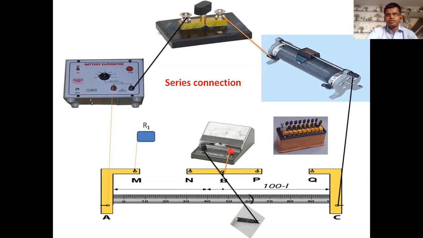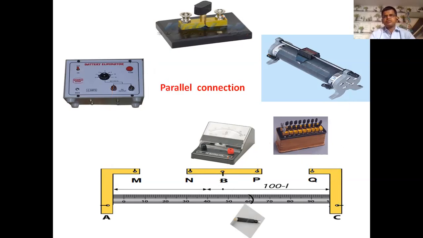First we connect one terminal of R1 with M. Then the remaining terminal of R1 connects with the first terminal of R2, and the remaining terminal of R2 to the N terminal on the meter bridge. Now between P and Q, we connect the R box. So it is a simple connection in series.